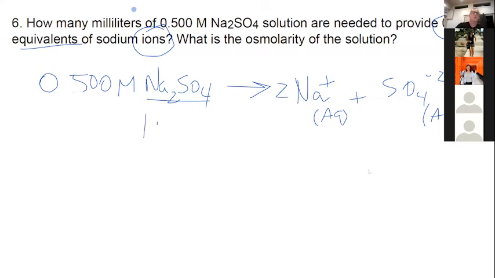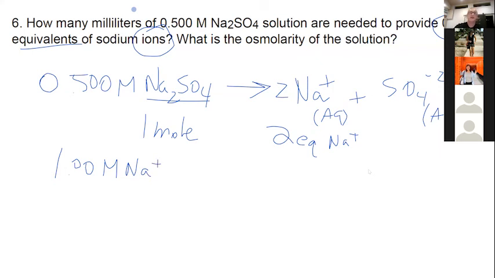For every 1 mole of sodium sulfate, I get 2 equivalents of sodium ions. So it's 1 molar. That's right. So my concentration of sodium ions is 1.00 molar sodium.